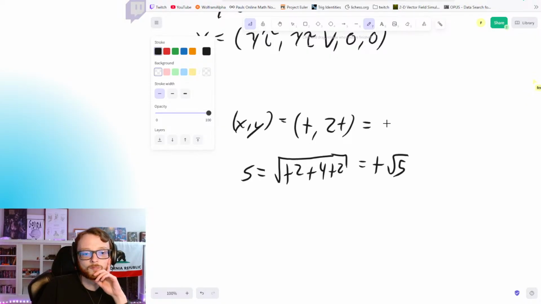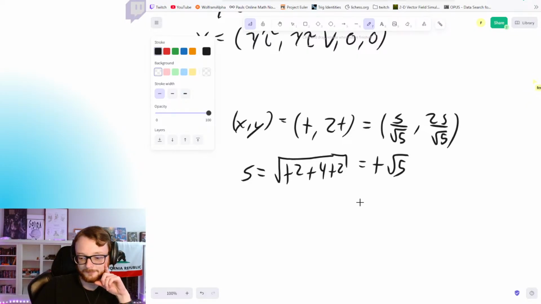Yeah, I remember this. And then you've got to solve for t, don't you? So t is s over radical 5. Yeah. So we've just normalized it, it seems like. Yeah, because if s is 0, we start at distance 0. s is like your displacement or something, isn't it?